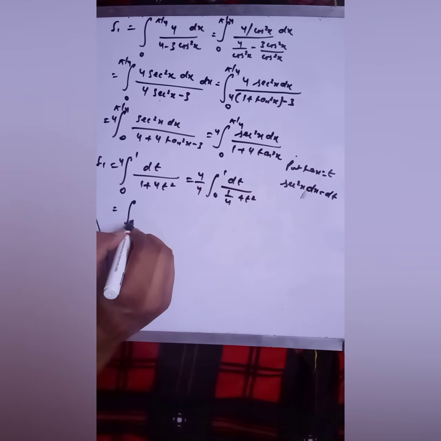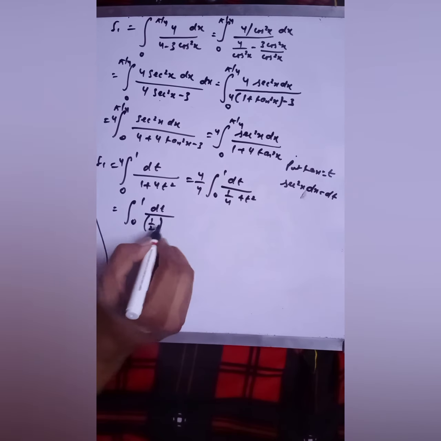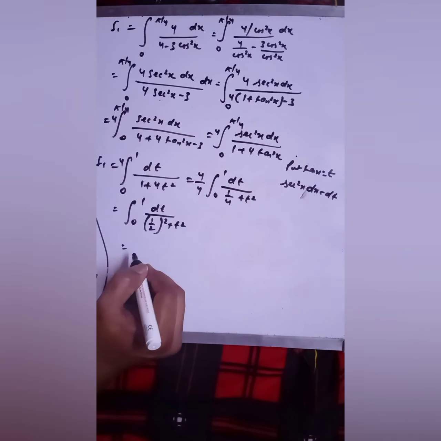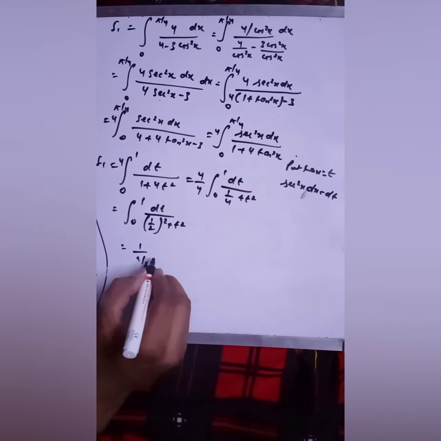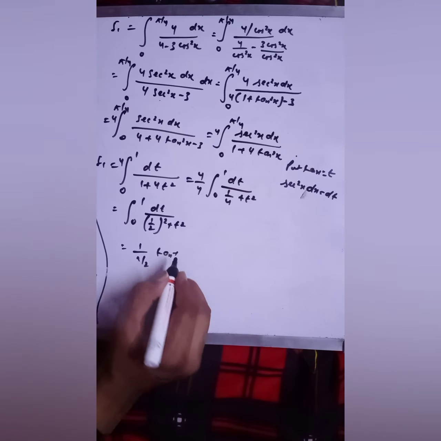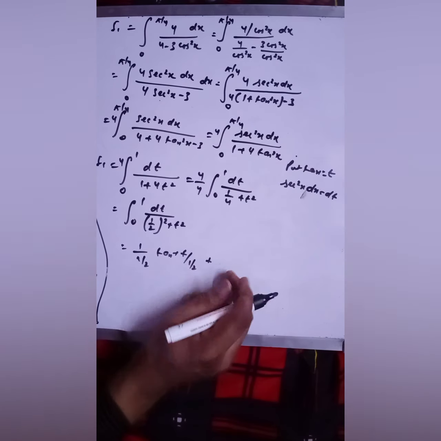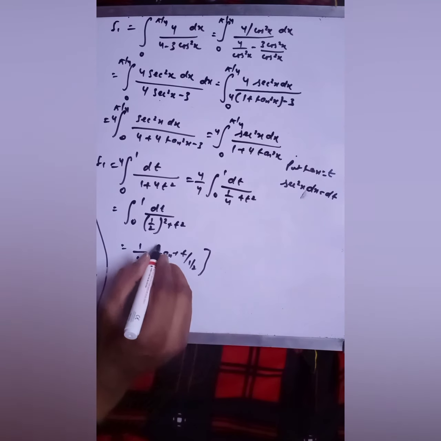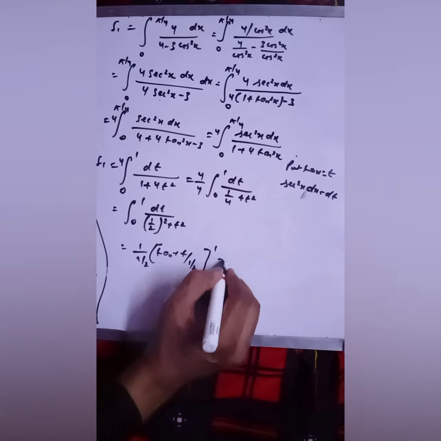Okay, so integration 0 to 1 dt by 1 by 2 whole square plus t square. So this is the formula of tan inverse. So formula of tan inverse is 1 by a. So your a is 1 by 2. So 1 by 2 tan inverse t by 1 by 2 and limits.